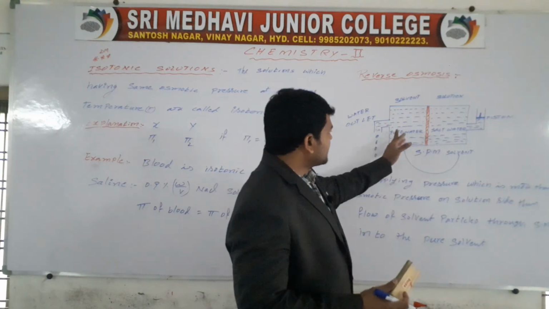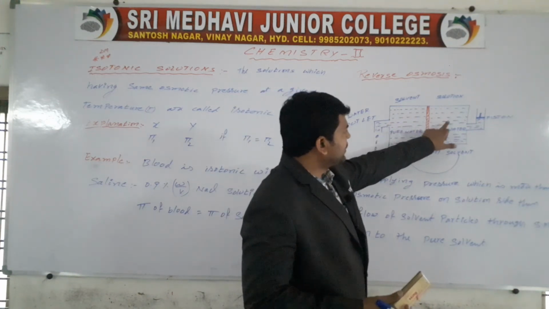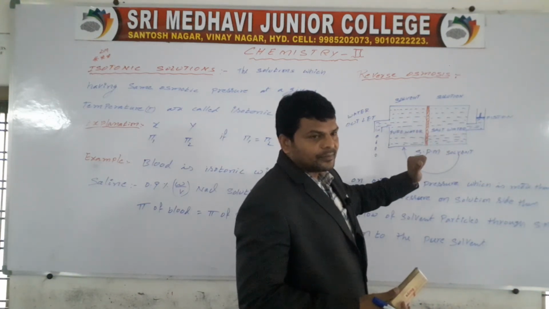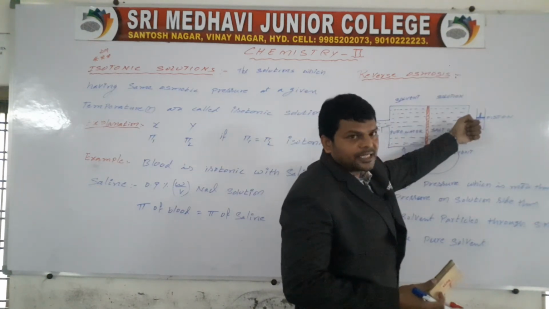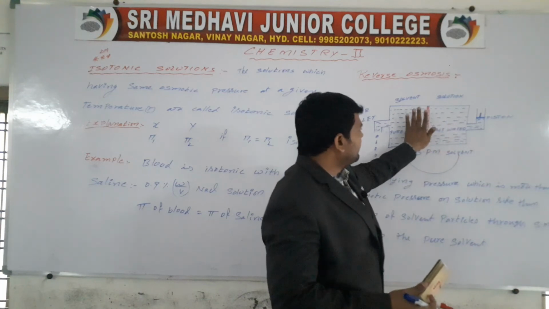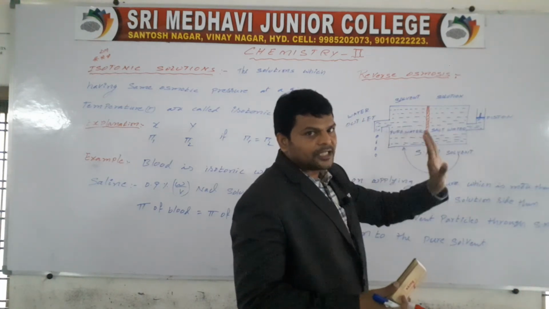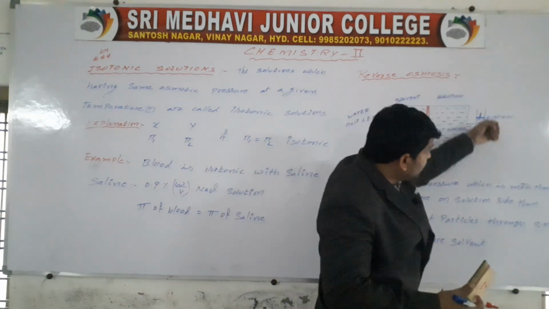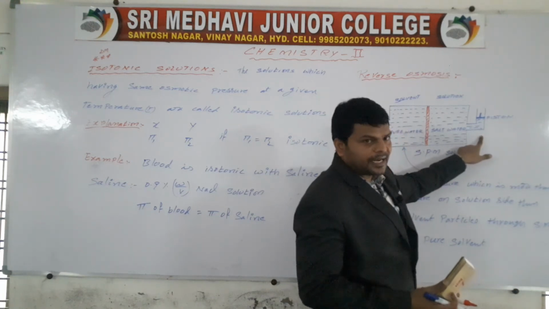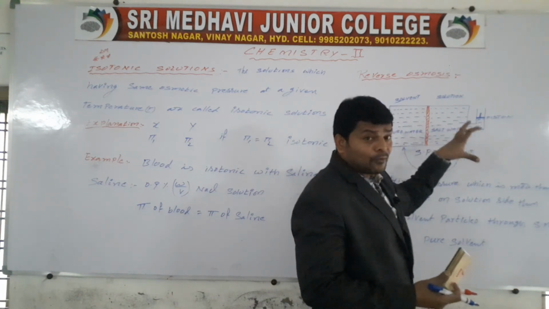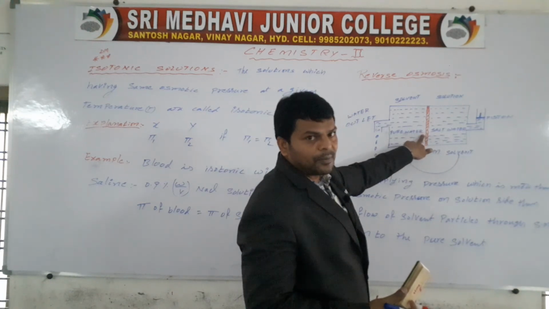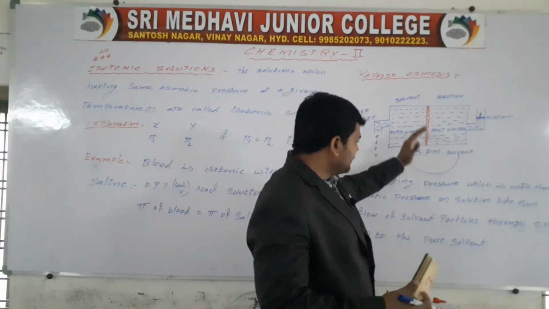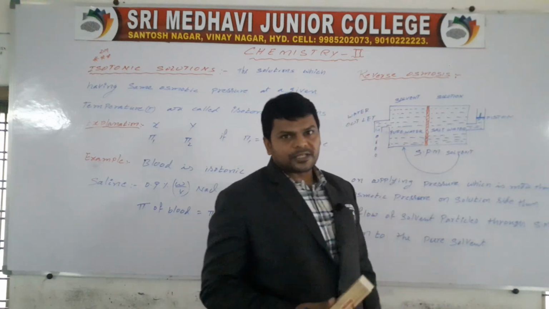See, first solvent goes into the solution, that is osmosis, then the piston moves up. If you bring it to the initial position, osmosis stops, that is osmotic pressure. If you apply more pressure on the solution side, then the water in the salt water also flows through the semi-permeable membrane into the pure water, which is called reverse osmosis.